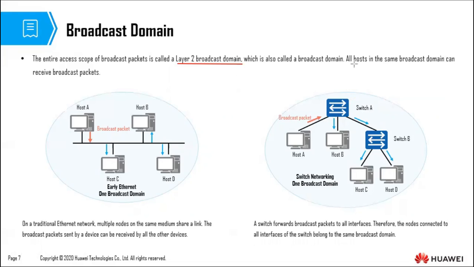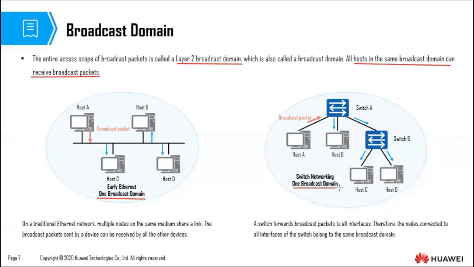A broadcast domain is where all hosts in the same broadcast domain are able to receive broadcast packets. Again, the early Ethernet network gives you one broadcast domain. Now, the problem of broadcast domain is also not solved by the switch, because the switch also creates a single broadcast domain.